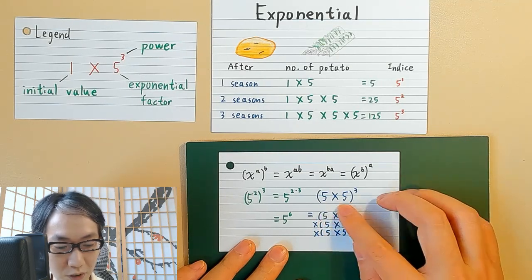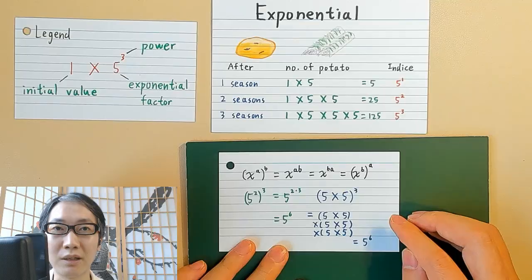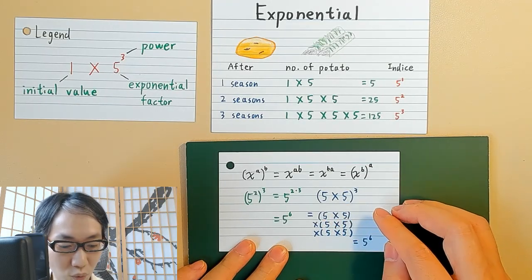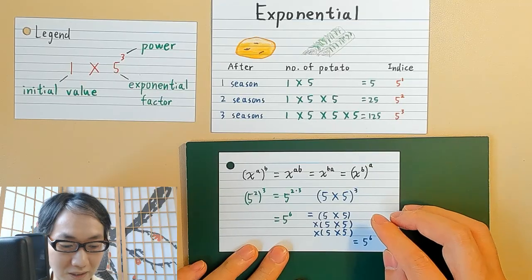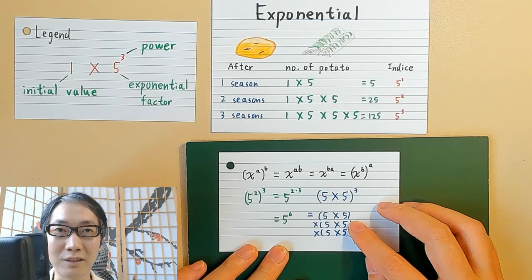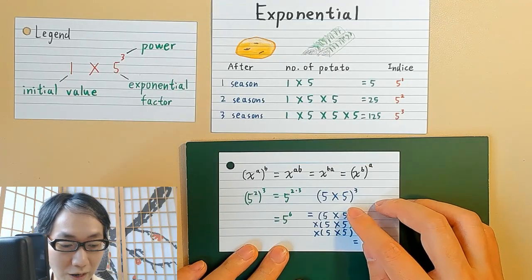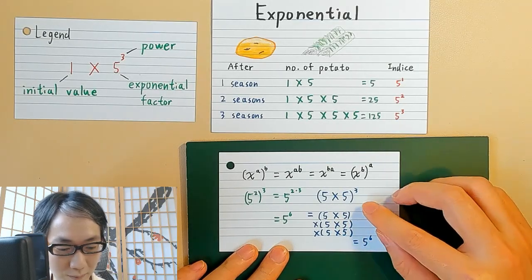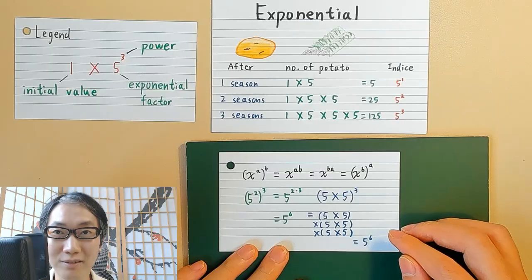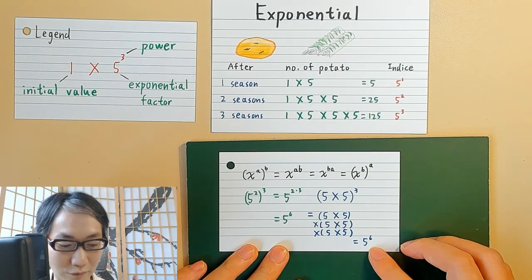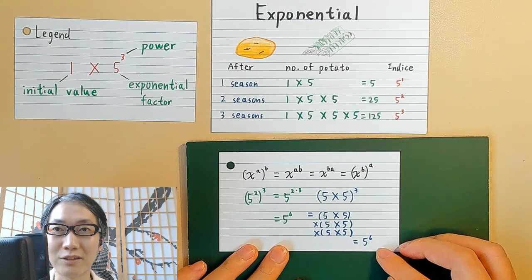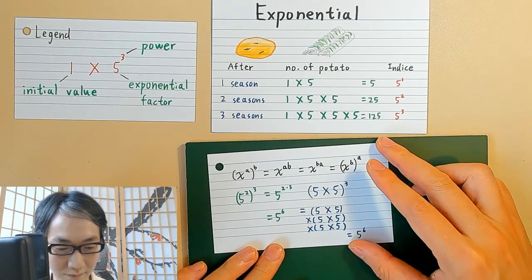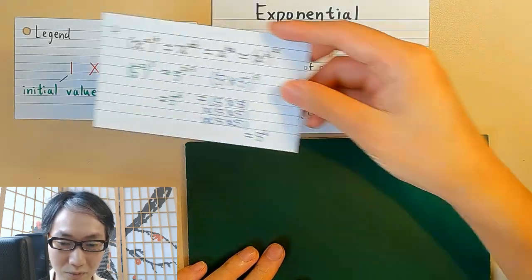Because the multiplication order doesn't matter, it is equivalent to running the 5 six times, since 2 times 3 is 6. So that's why it is 5 to the power of 6. And next one.